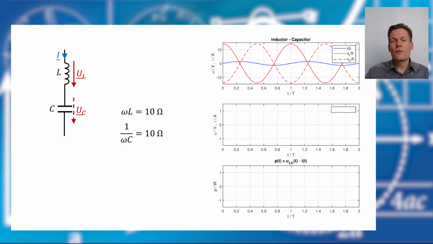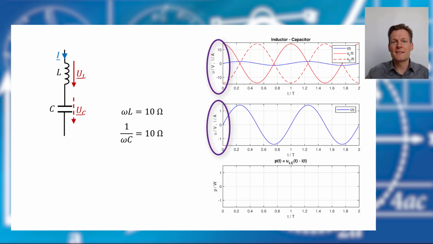And when both of our elements have the same impedance, then this means, when we have our current, I changed the scale of the y-axis, therefore the current looks bigger here, but it's again only an amplitude of square root of 2 times 1 ampere.